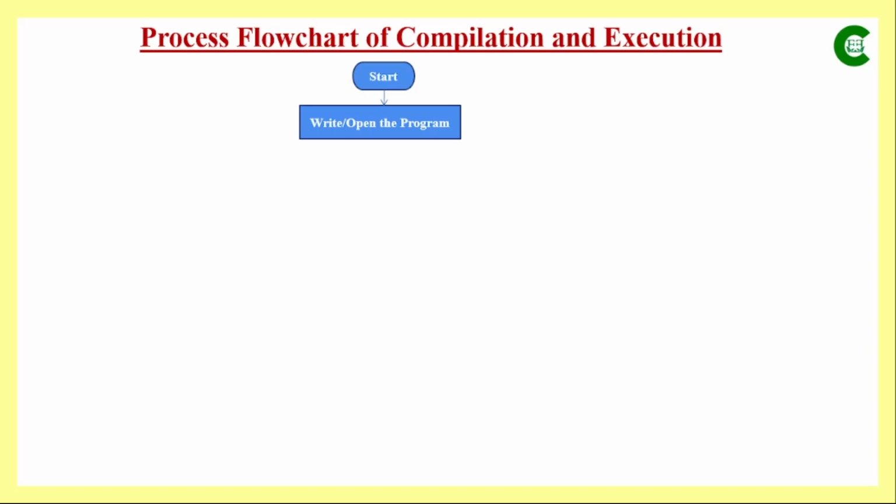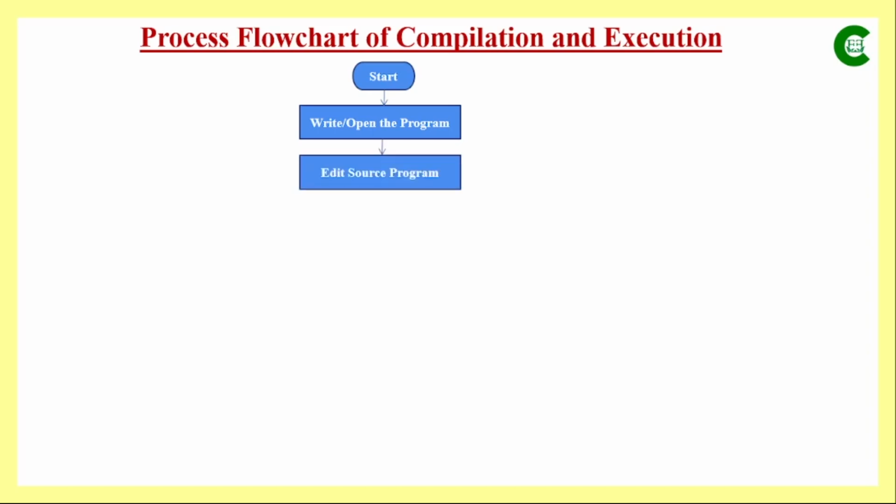And whenever we are writing a program, definitely we will have some specific requirements. And if the program is an old one, then we will open that program, and maybe we need to edit that program, or we need to change the requirements. So accordingly we will act.